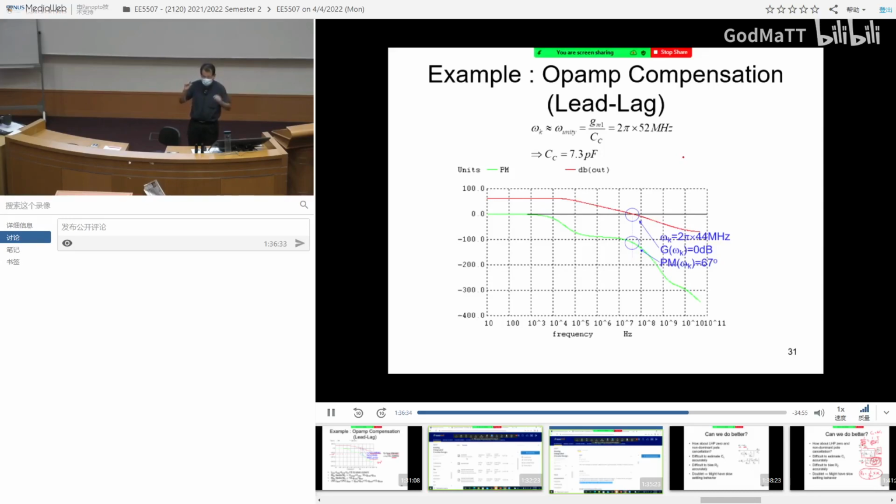The good thing is the capacitor required is smaller, and also the frequency bandwidth is wider. And mid lag is even better. You totally cancel away the right half plane zero, so you remove the phase lag. Therefore, you also get good phase margin, smaller capacitor, and also wider bandwidth.